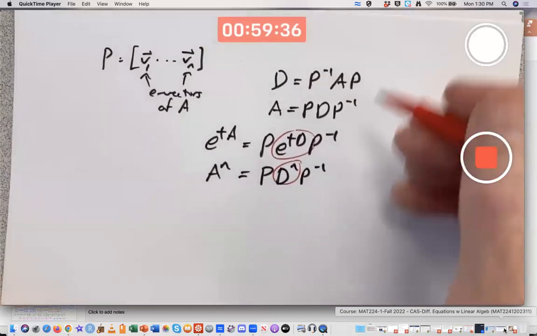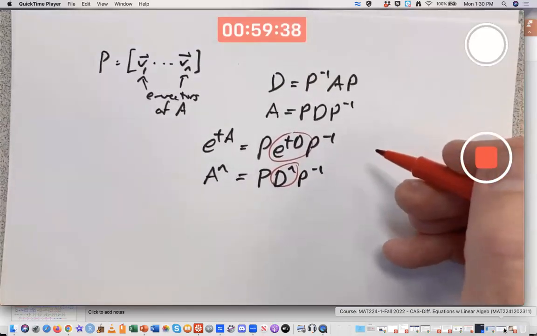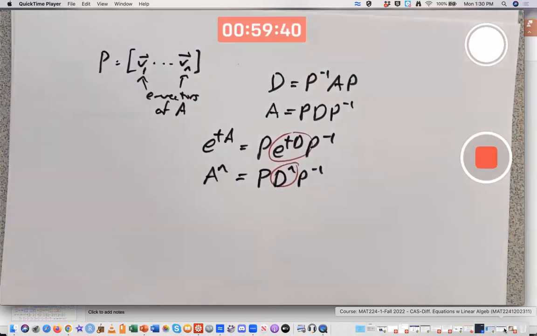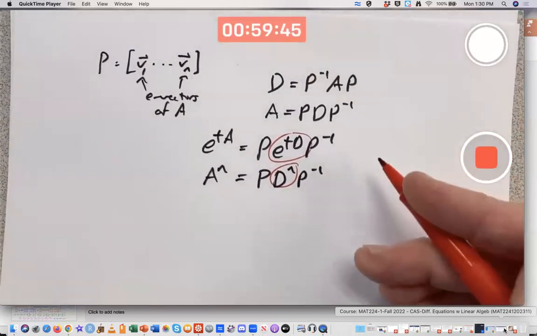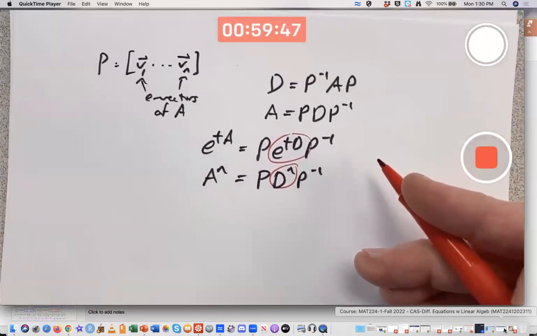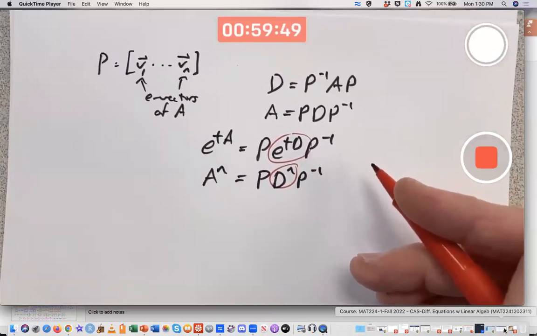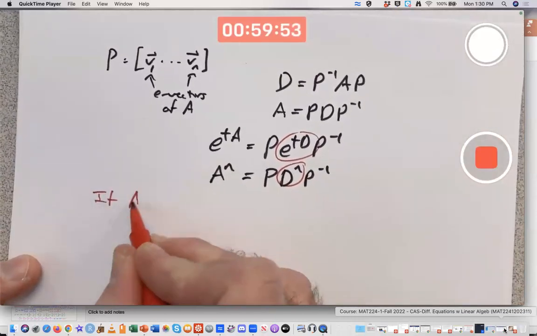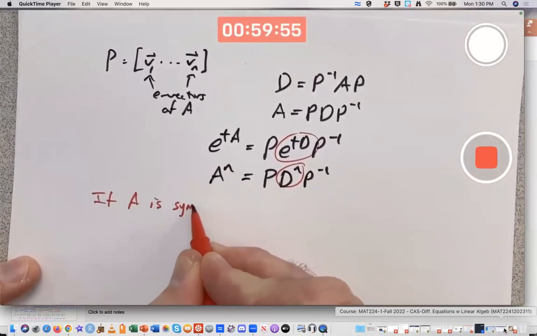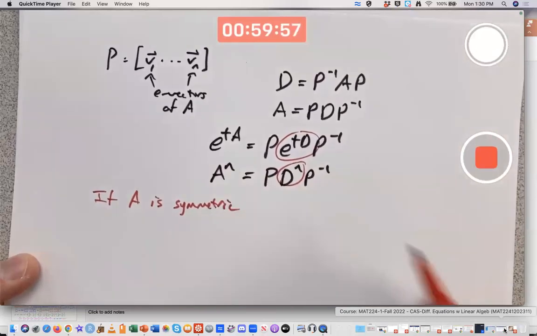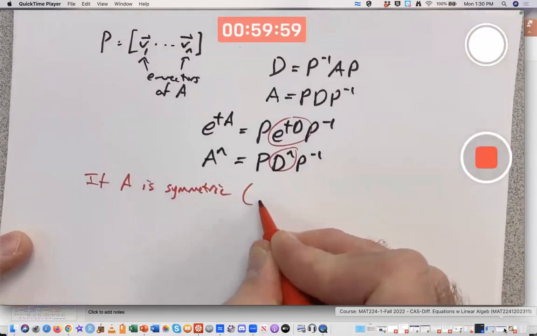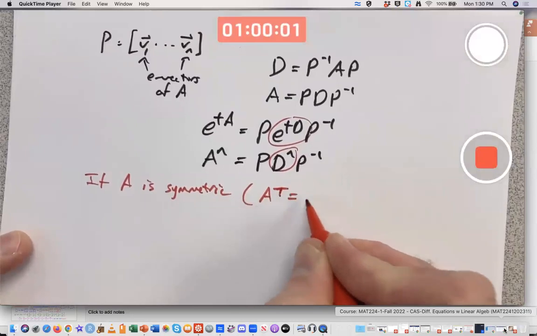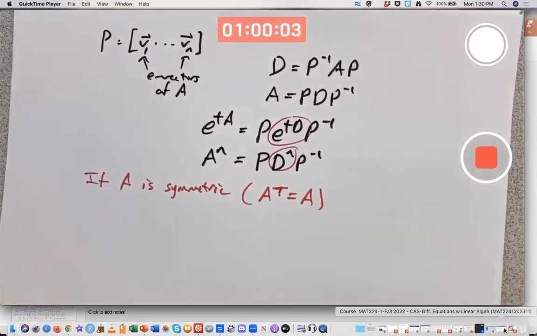So again, the diagonalization is a problem-solving tool. Geometrically, you are changing coordinate systems to help you solve the problem. Algebraically, you use these equations. What else do we talk about? When A is symmetric, in other words, its transpose equals itself, that's a very special kind of matrix.